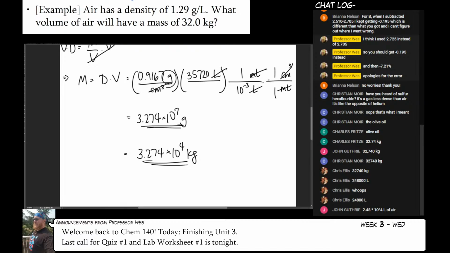Because if you accidentally mess up the d equals m over v formula and solving for v, why didn't it erase everything? Oh goodness, why not? Oh, it did this weird thing again. Am I just in a different mode? What is going on?